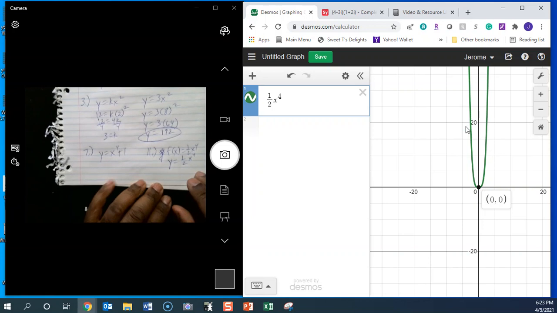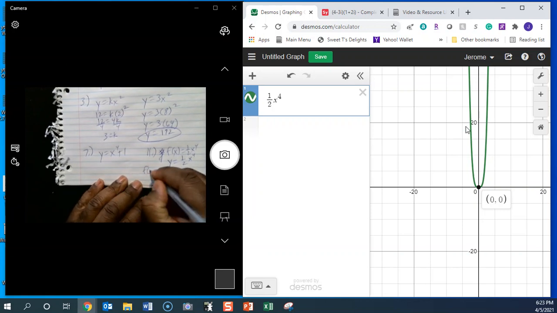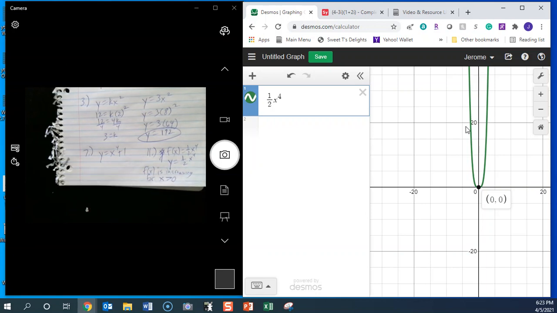So your answer with the increase, f of x is increasing for x is greater than 0. X has to be greater than 0 in order for the graph to increase.